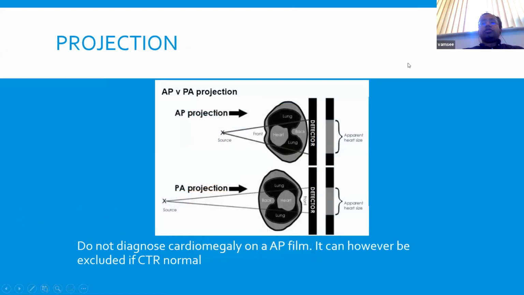Now, one thing I do want to touch upon specifically is AP versus PA projection, and how that's important in the context of cardiomegaly.